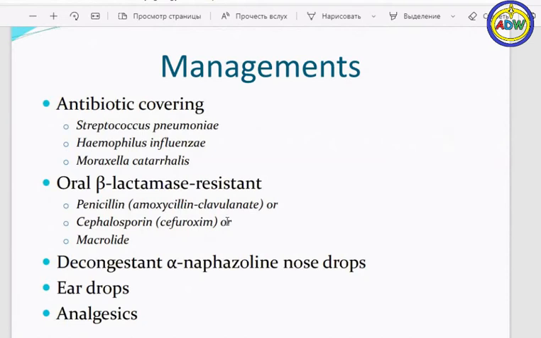I have a question for you. How can we use the antibiotics? Which way do we prefer: oral, IV, or IM?